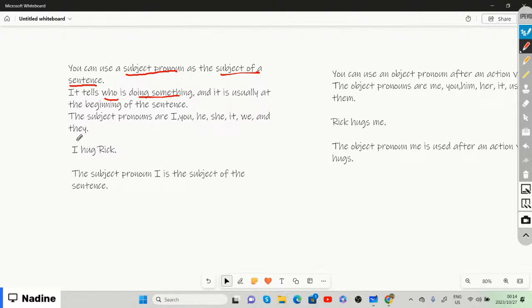And a subject pronoun is usually at the beginning of a sentence.